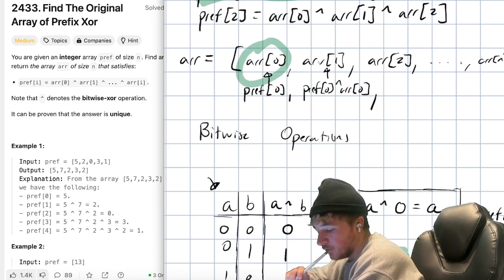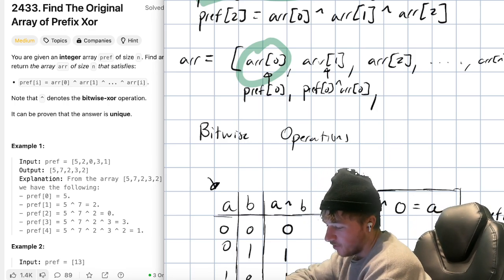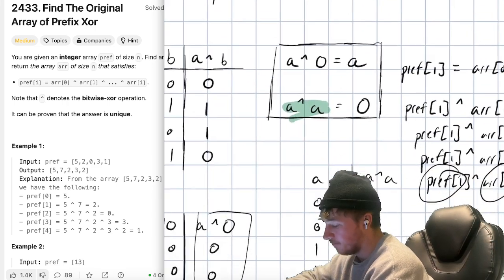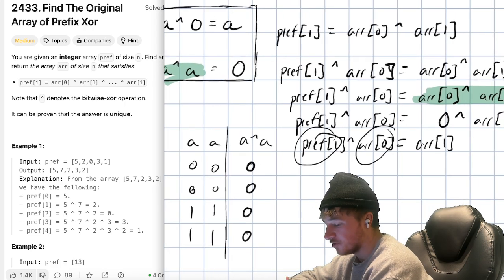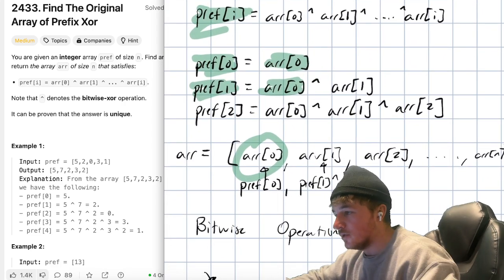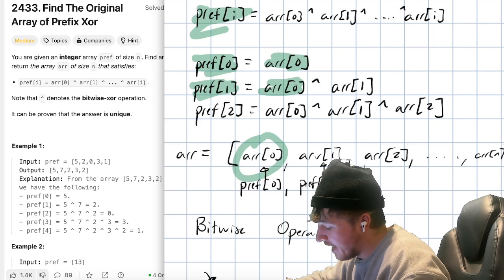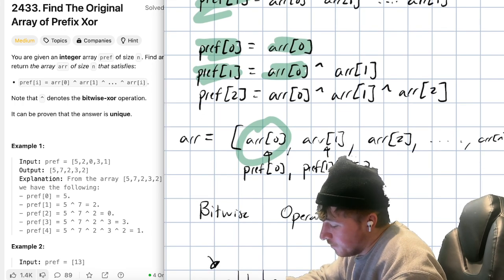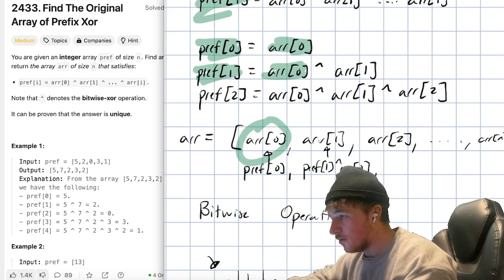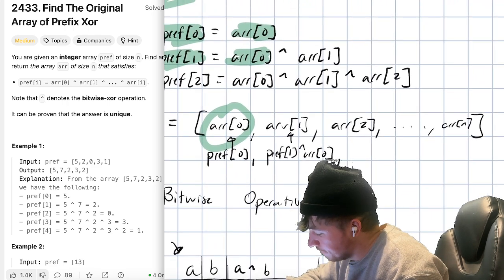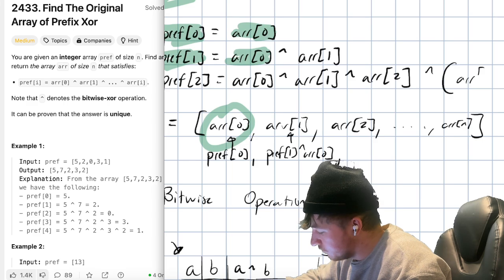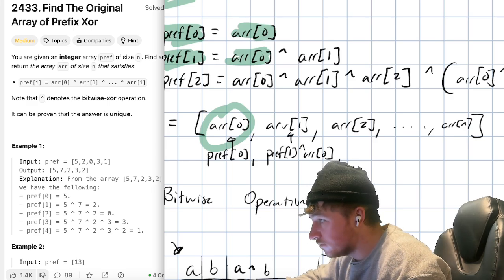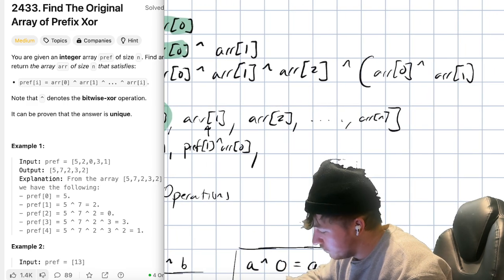So array 2, all right, this is not pref 0, this is pref 1. I was wondering what's going on here. Pref 1, right? Directly from this equation. So array 2, I'm not going to go through the whole thing again, right? But if I was to XOR both sides by array 0 XOR array 1, right?